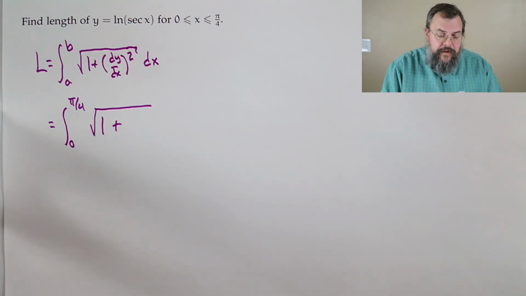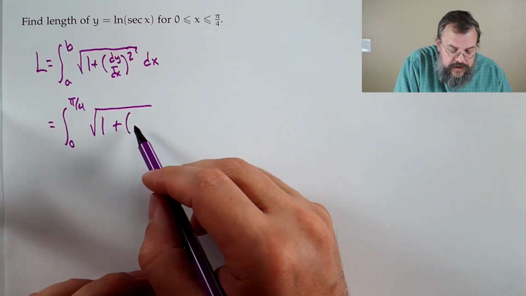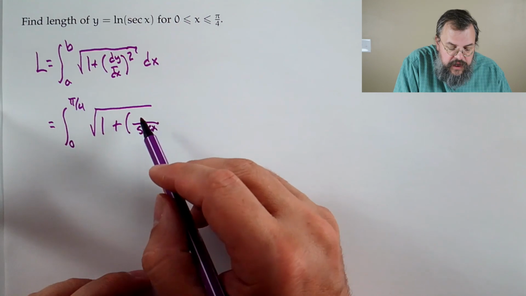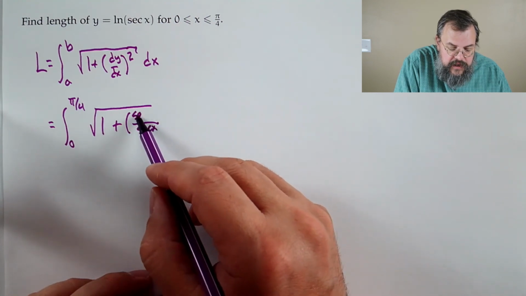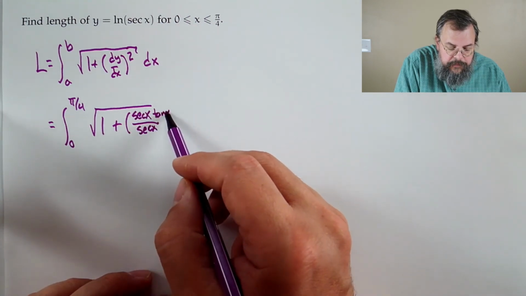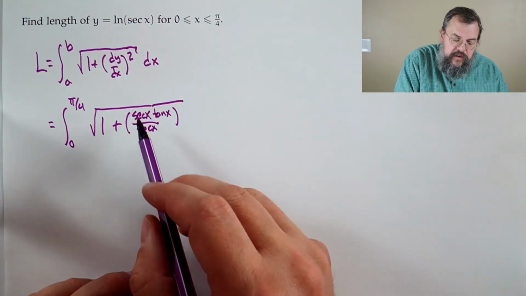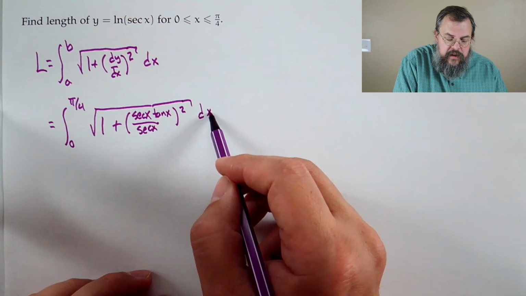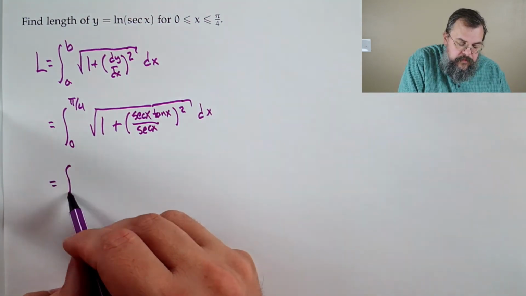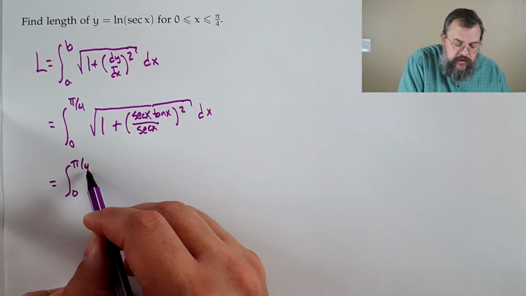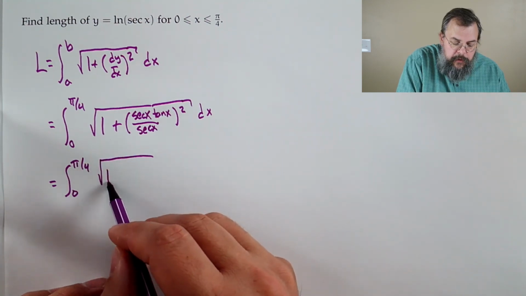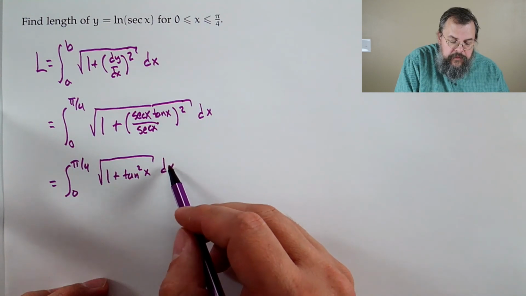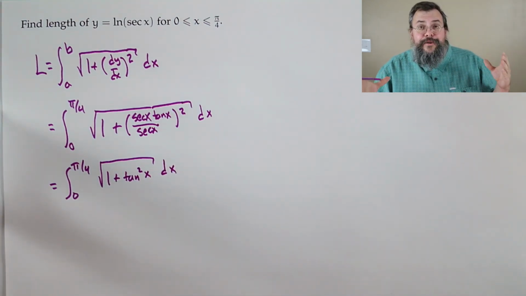If you take the derivative of log secant, we'll actually do it just to remind ourselves. It's 1 over secant, but then the derivative of secant upstairs is secant tangent. And so the secants cancel, and you just end up with tangent. Don't forget the square. Now we look at this and say, well, we have the square root of 1 plus tangent squared. We like to get rid of the square root.